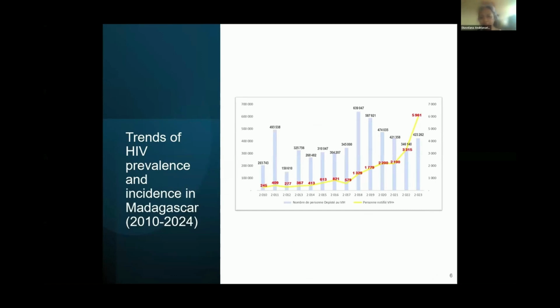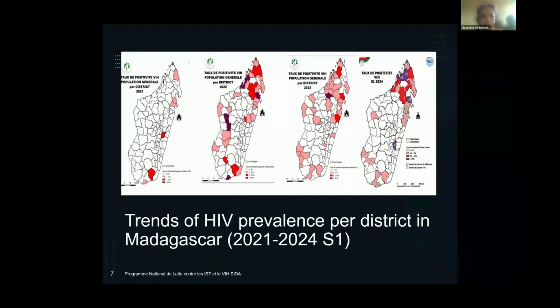After 2022, it explodes. So it was like a perfect storm. And we can see the trends of HIV prevalence per district in Madagascar from 2021 to the first semester of 2024, and this uptake of new infections.